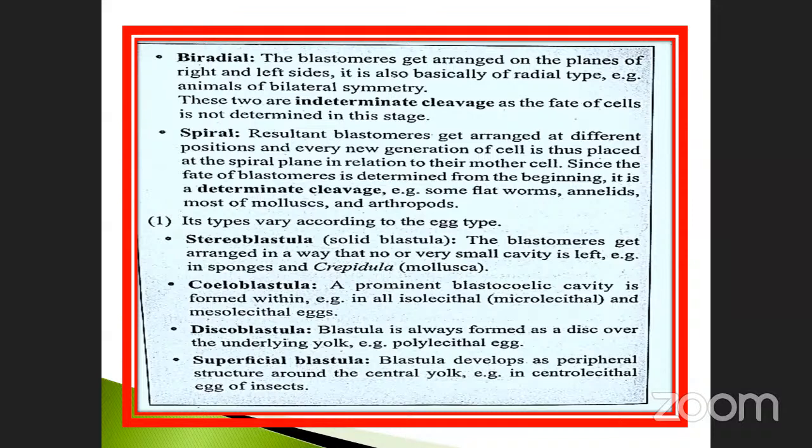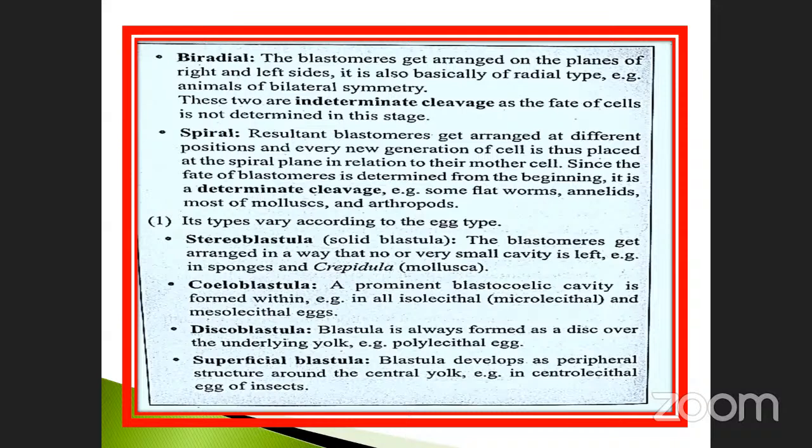These are the animals having stereoblastula eggs, which is nothing but the solid blastula. Coeloblastula has a prominent blastocoelic cavity, a gap between the two layers formed within.